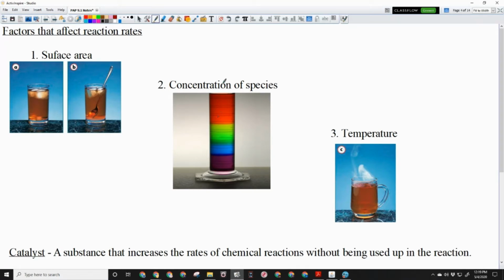And so what's going to happen is initially these are going to come out into different areas like this. It's going to separate out, not mix together. But what's going to happen is because this is a higher concentration of water than, say, the blue and the green, because this is a higher concentration of water, and water is what's dissolving the sugar, these two are going to mix together first.